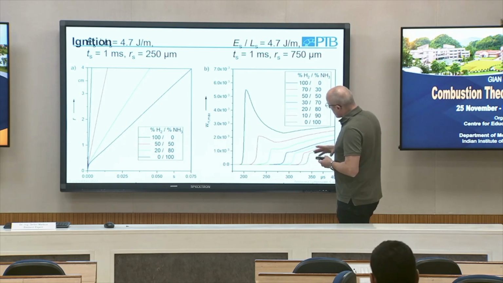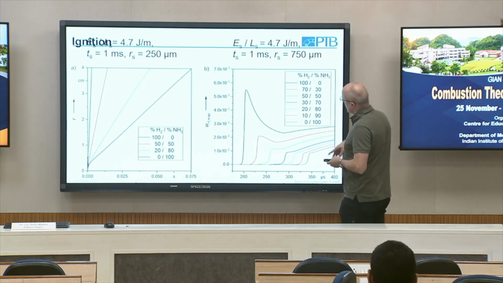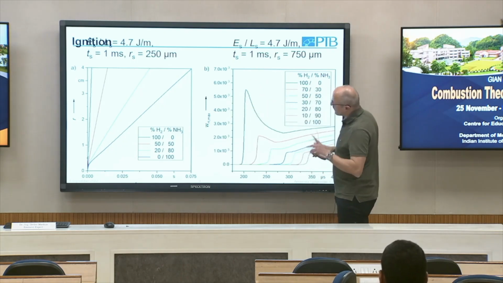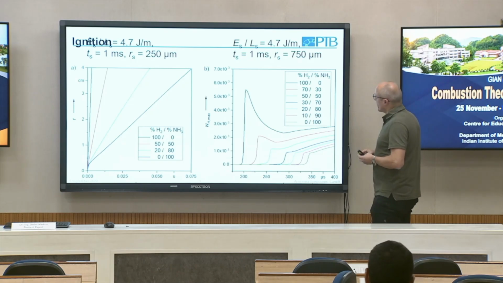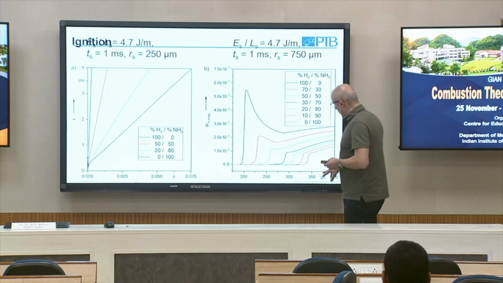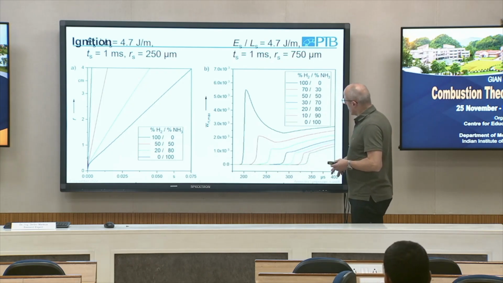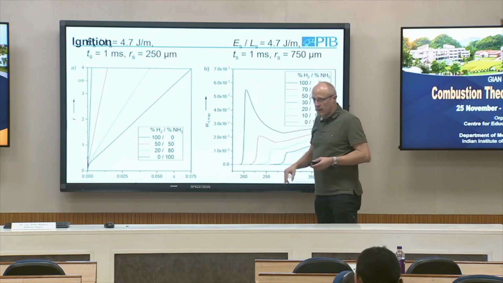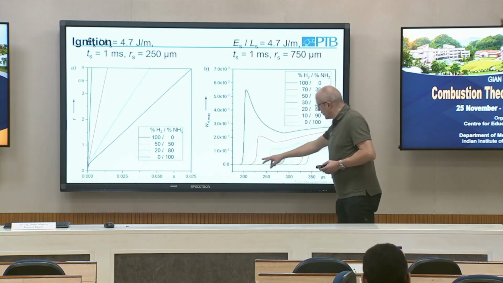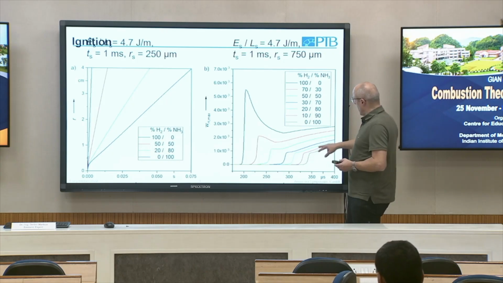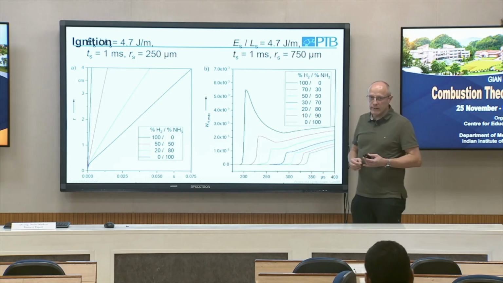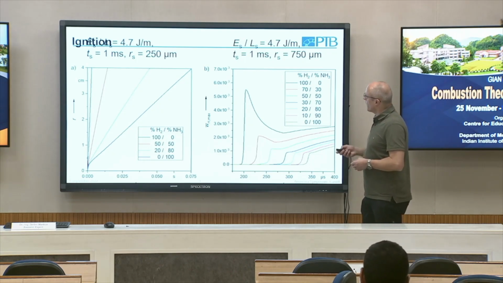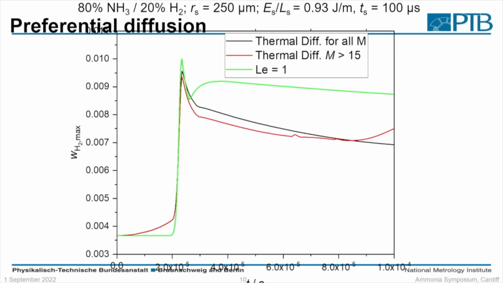Here you see the amount of hydrogen atoms as a function of time again. You can see pure hydrogen ignites very fast, and pure ammonia ignites very late for this specific configuration we have examined.